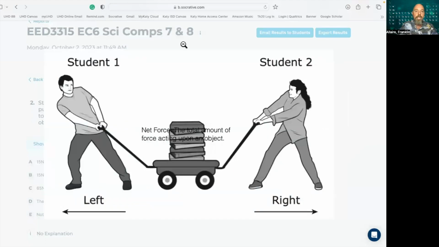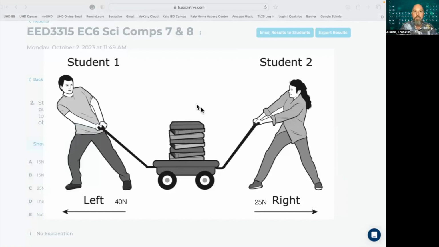So here is our diagram. We've got 40 newtons of force pulling to the left. Actually, I'm going to move this object here. I'm going to put it here, 40 newtons of force to the left and 25 newtons of force to the right. The newton, by the way, is the unit that we use to measure force.